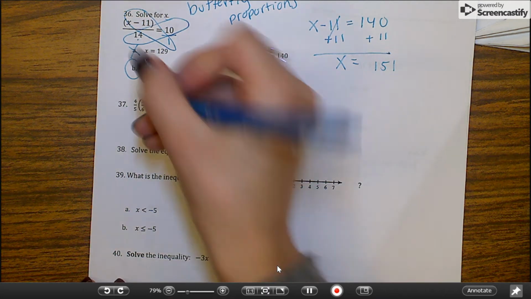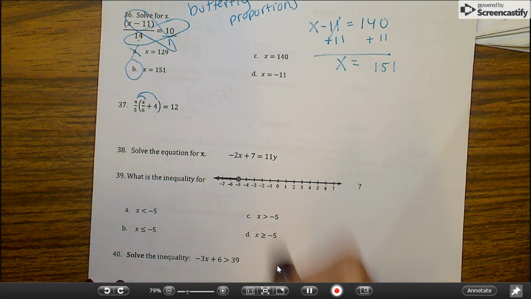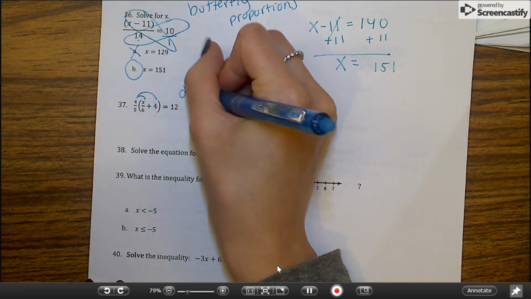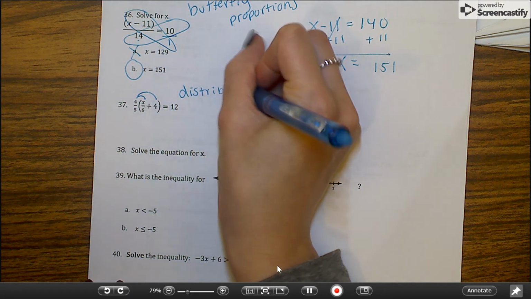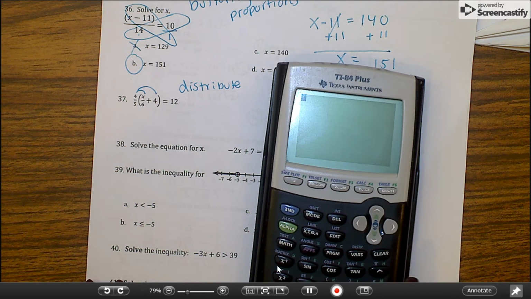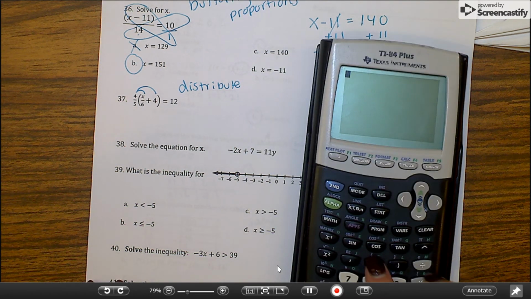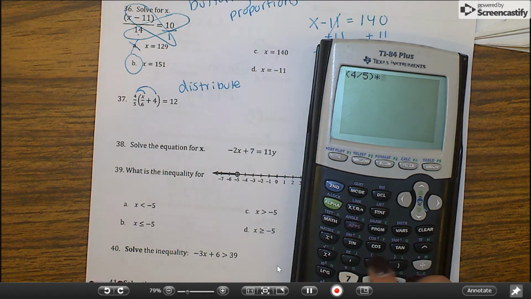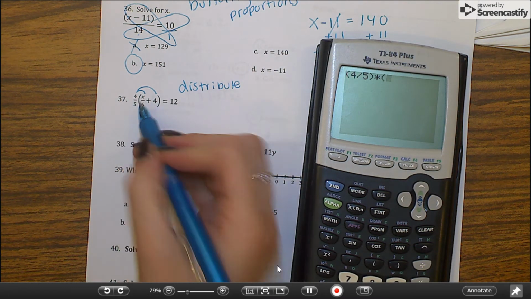37 looks harder than it is. You can just distribute. In your graphing calculator, you can multiply 4/5 times, this is technically 1/6.